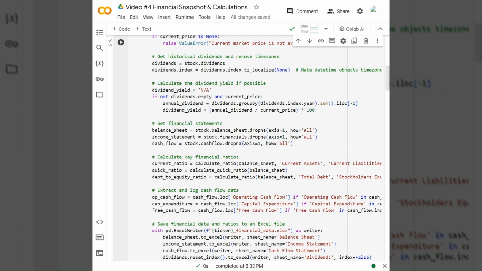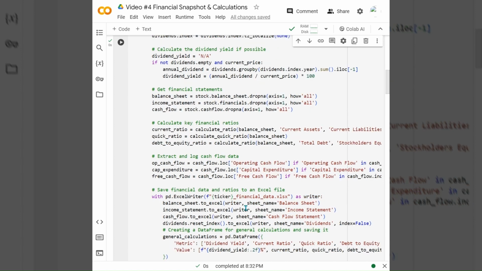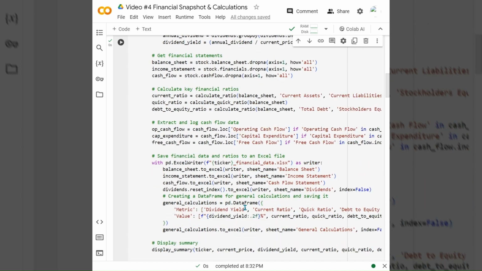A quick ratio is we're going to take our current assets minus our inventory, and then we're going to divide that by our current liabilities. This is a short-term liquidity measure. And then our debt to equity ratio is our total liabilities divided by shareholders' equity. And again, this is more of a leverage ratio in terms of looking at a business.